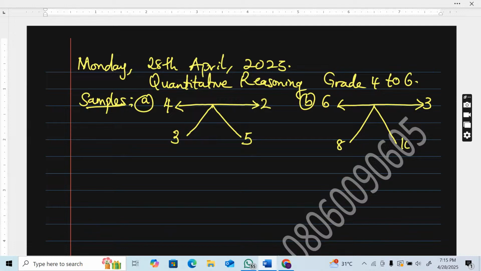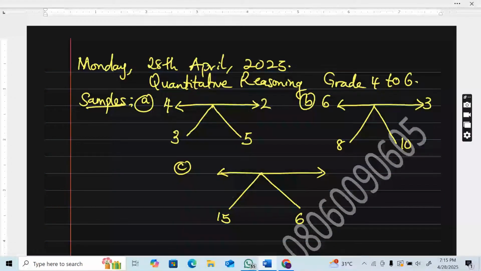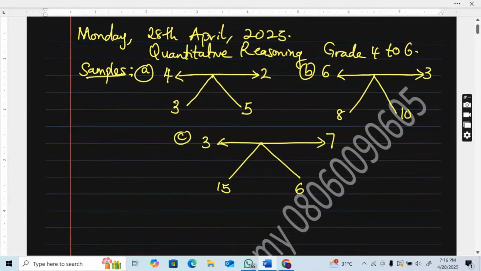So how can we figure out each of the numbers that are on my screen? I think we have about 3 samples. This is the third one. The numbers that are in these diagrams need to be figured out.